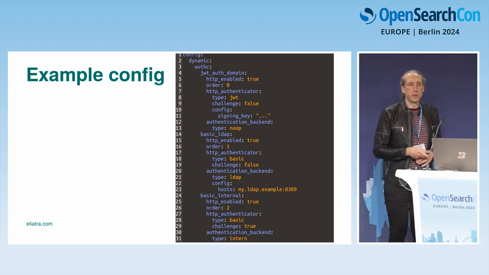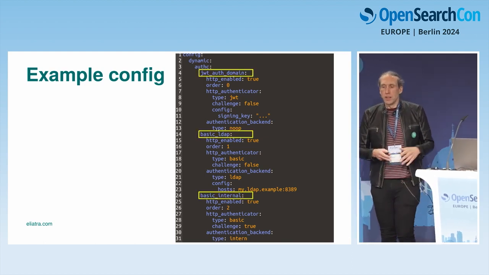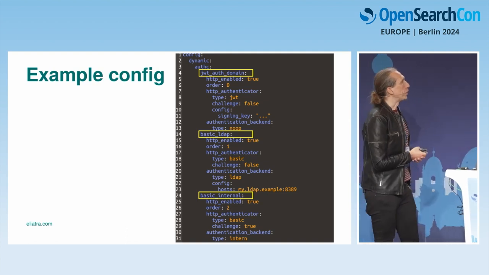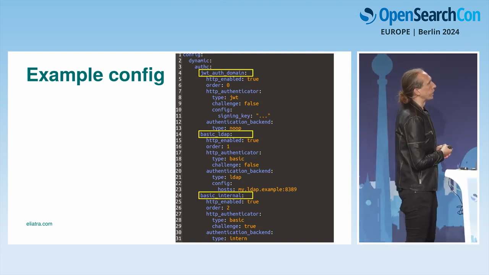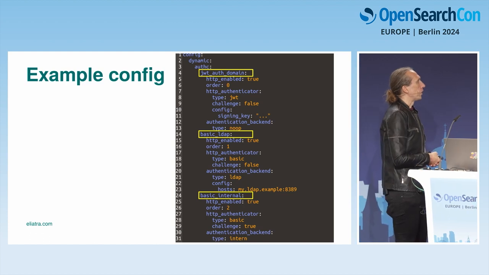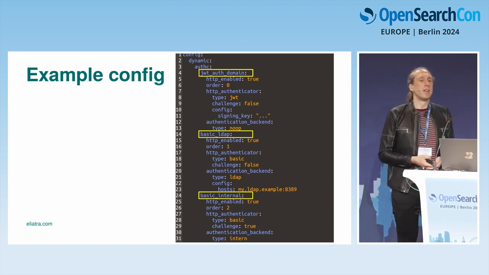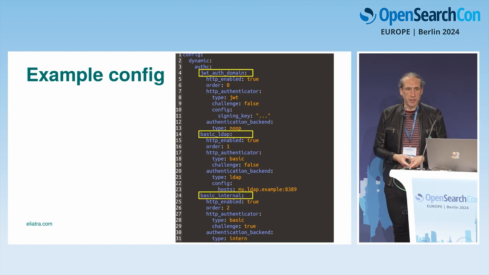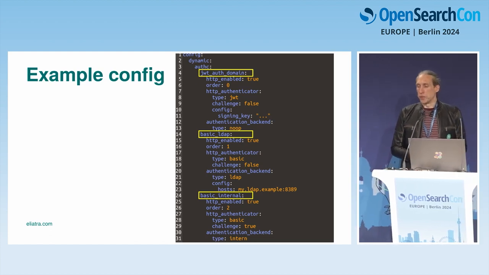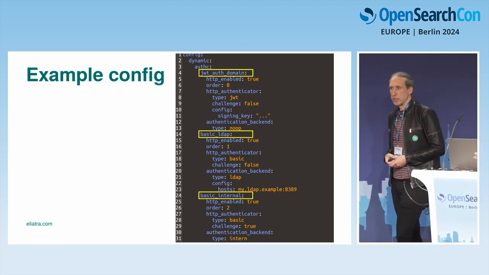Just want to highlight a few important things. We can have several authentication modes at once. So here we're having JWT, we're having basic authentication with an LDAP backend and basic authentication with an internal user database backend. These are checked in a chain of responsibility design pattern.